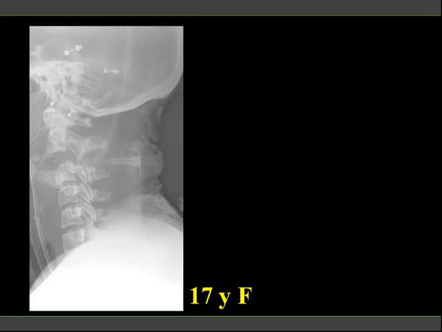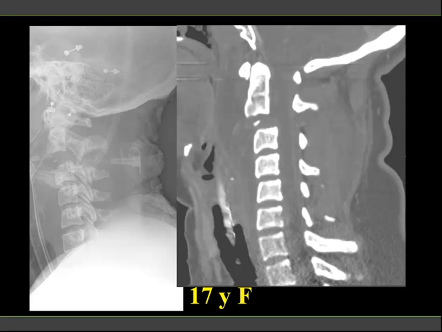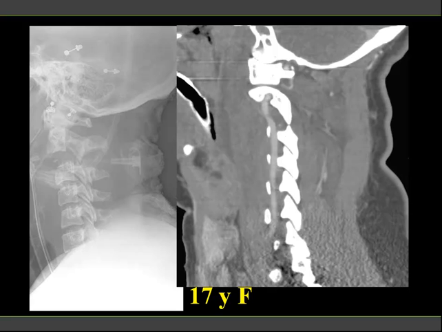Obviously, when there's a displaced cervical spine fracture, that is very clearly seen on plain films, and that leads to spinal cord compression. The CT only confirms that finding, but it can also look for associated abnormalities such as dissections in the vertebral arteries, so CT is a secondary test for those.